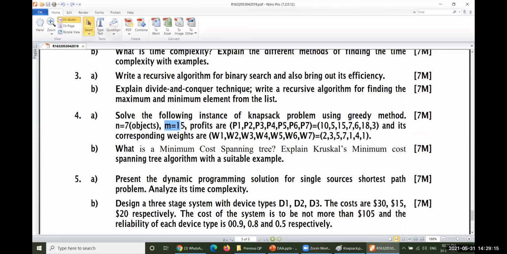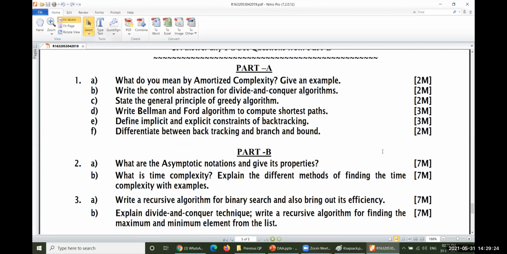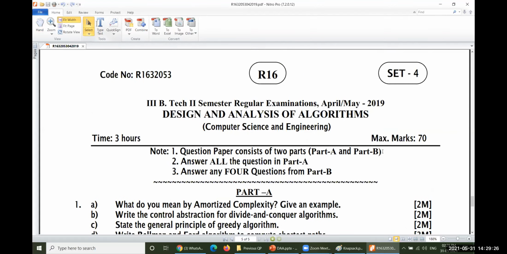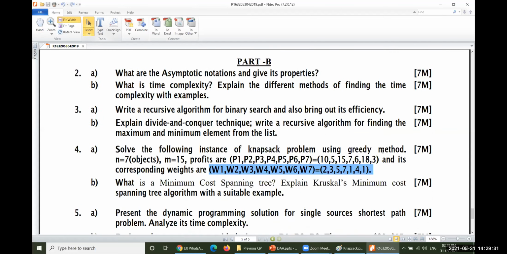Capacity is 50 and associated profits will be this and associated weights are these. You please solve this one. The question has been given to you in your R16, 2019 May. In 2019 May, you got this particular question.